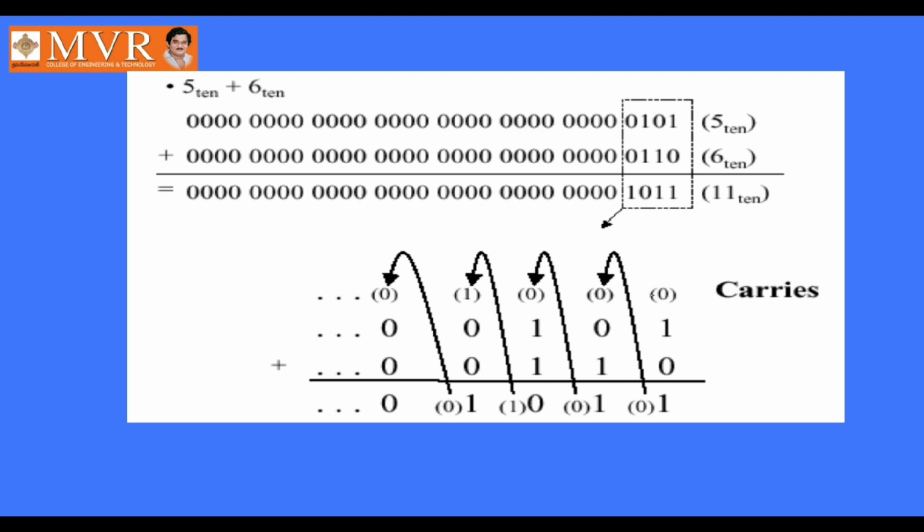Then 1 and 1 are added, so we get 1 0, with 1 as carry. That carry is moved to the next position. Like this, all the operations will be performed. So this is a simple example of how an addition operation is performed if the registers being used in your computer are 32-bit.